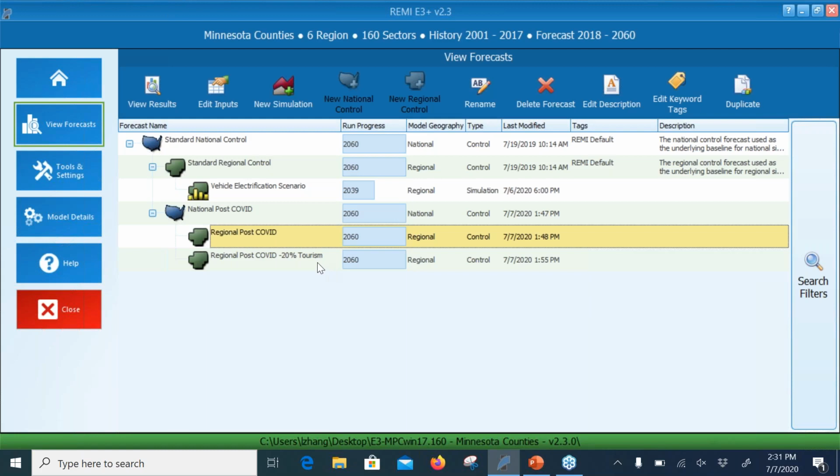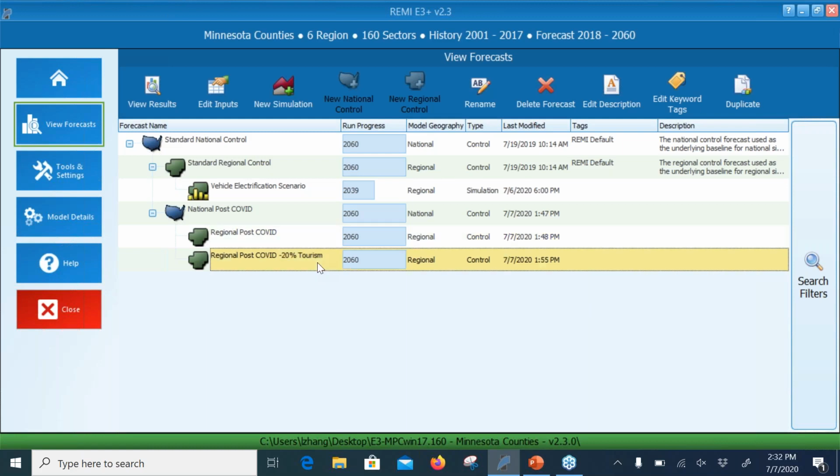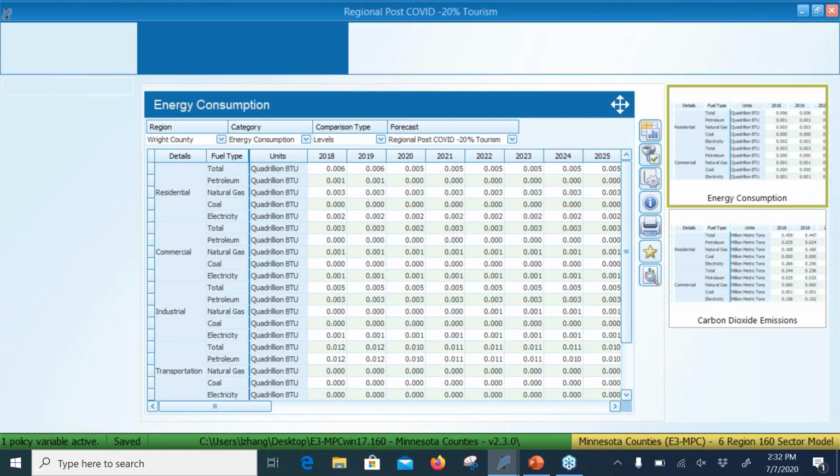And then finally, so this is just asking how do changes in the macroeconomy at the national level affect it at the regional. But if you have your own region-specific data, for example, that your tourism industry has been hit specifically hard, or your state specifically depends a lot on, say, oil production, then you can go in and add more policy variables to improve the quality of your forecast.